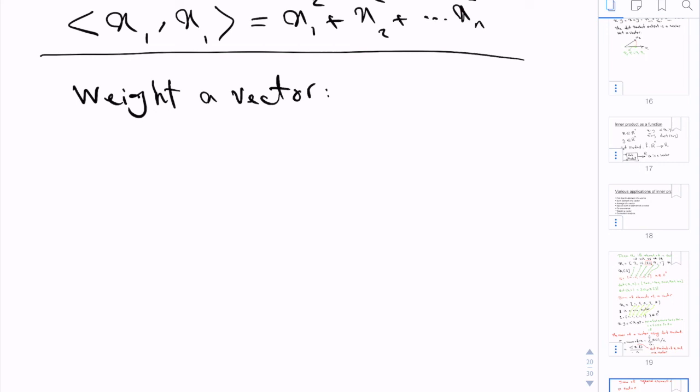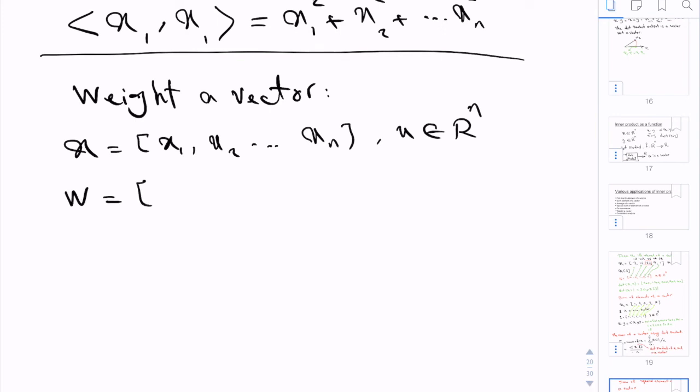So what is the weighting of vectors? Imagine x is a vector whose elements are x1, x2, through xn, so x belongs to R^n. And W is a weighting vector whose elements are w1, w2, through wn, and W also belongs to R^n.